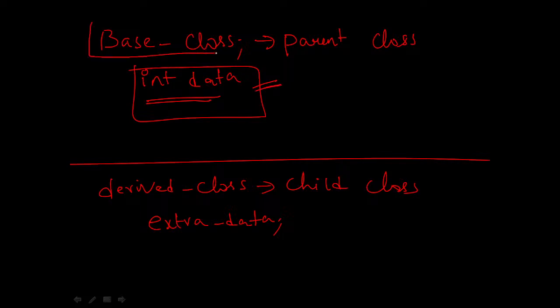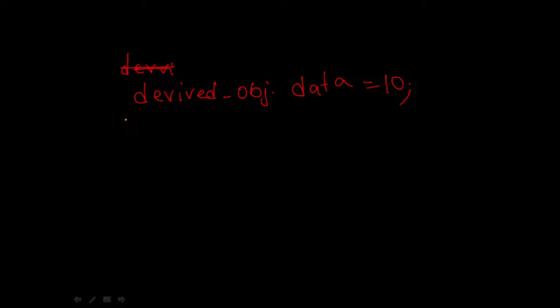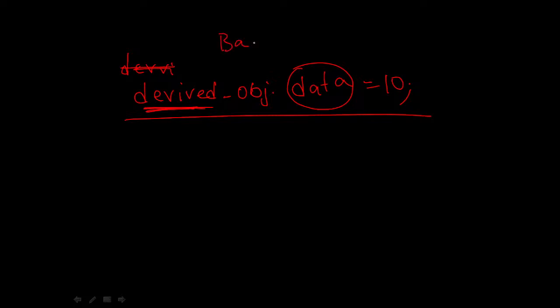So we write derived_object.data, and we are modifying its value to some random value. This data is not present in the derived class, it is present in the base class.